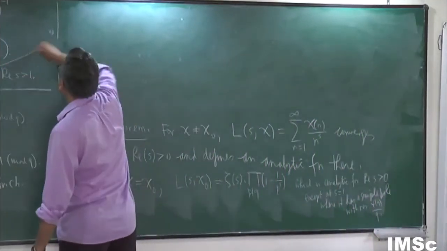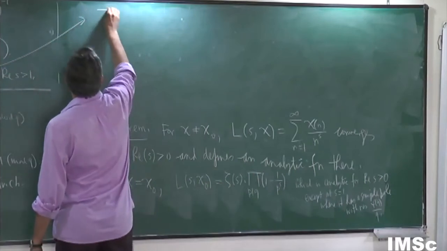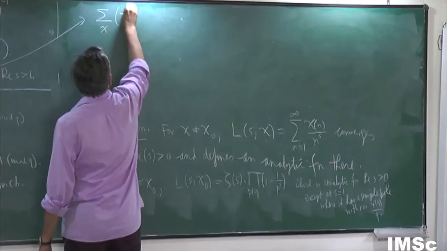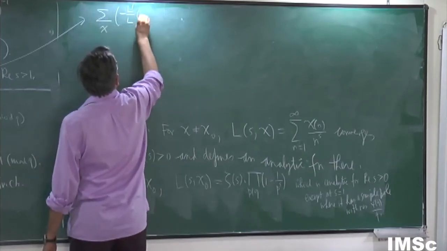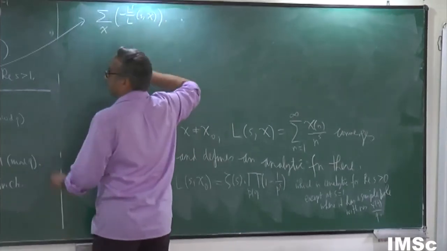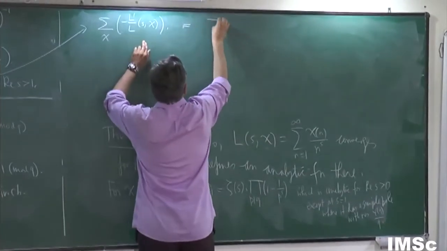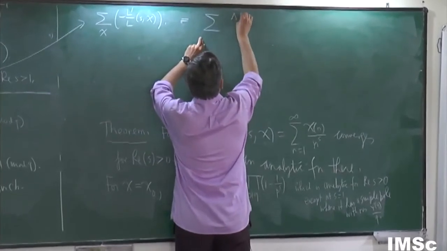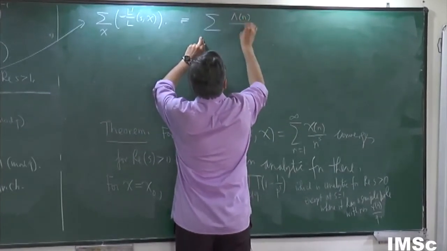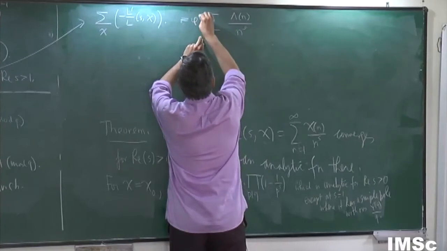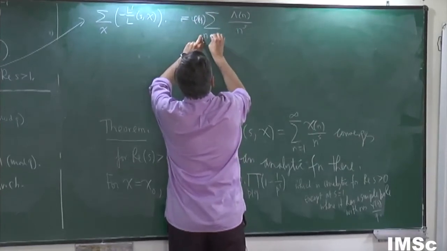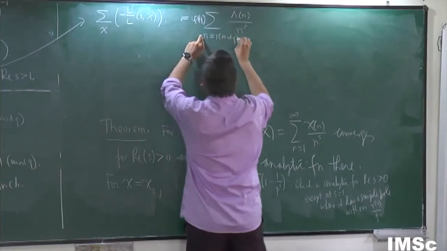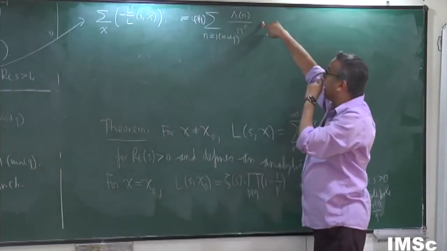So this becomes the sum over chi of minus L prime over L(s, chi) equals the sum of lambda of n over n to the s, times phi of q, n congruent to 1 mod q, right? That's what you end up getting.